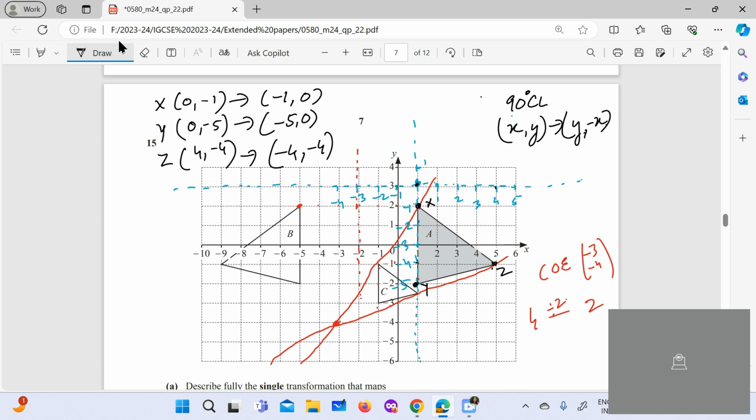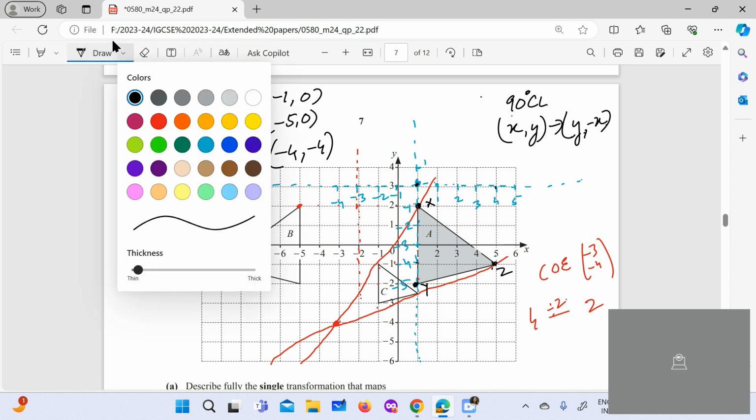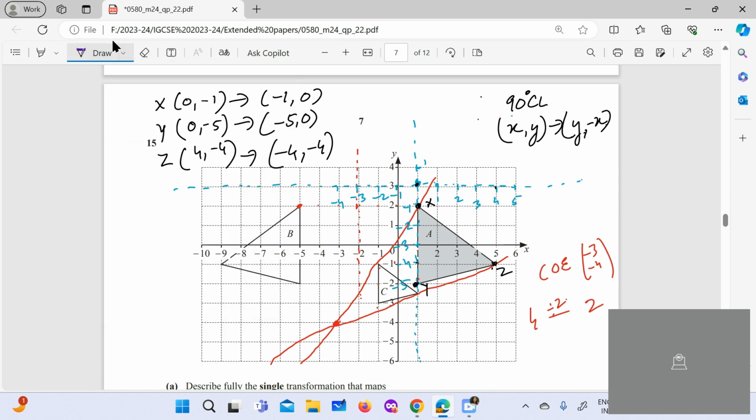Okay, so these are the coordinates of the new rotated point, so we will mark it here. So let's do that. Minus 1 and 0 according to the new axis.